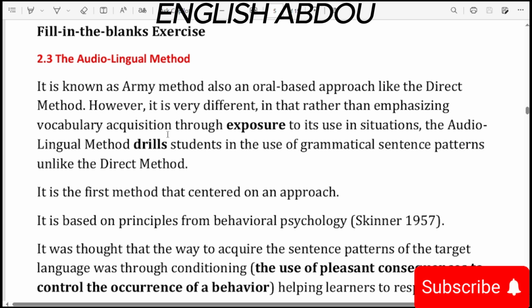They start by listening, and after that they start repeating, drills and speaking in situations. The audiolingual method drills students in the use of grammatical sentence patterns, unlike the direct method.